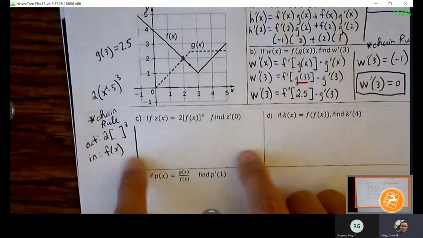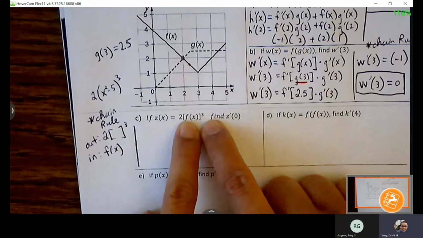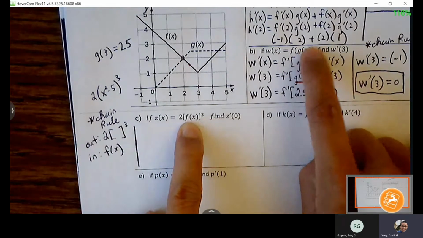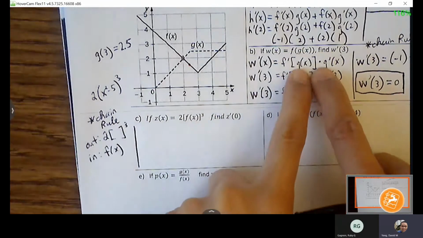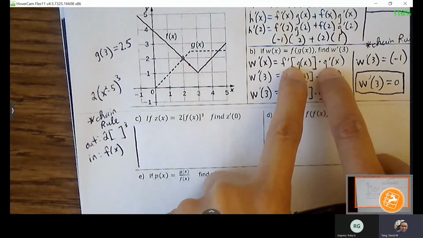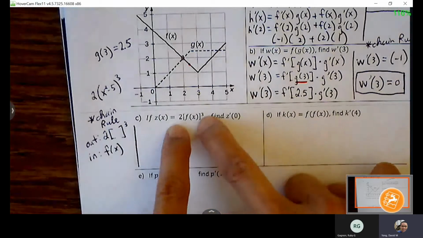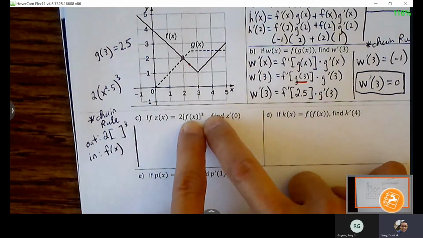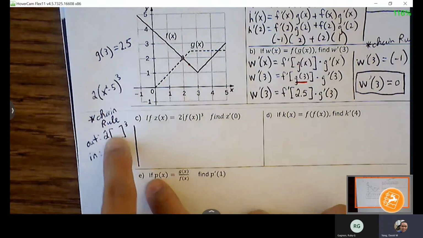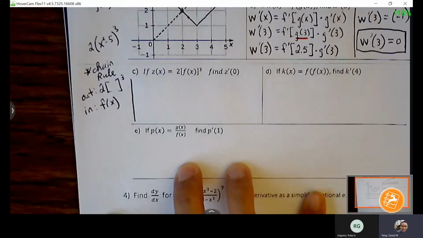Now, the reason that we're doing this for problem C, but not for B, is because in B everything is in function notation, so we have to rely on the defined form for chain rule. But here, it's kind of like a real problem with function notation, so that's why we're able to go through this process.